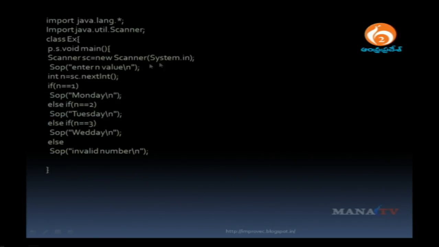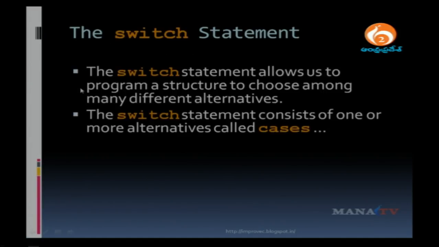Every switch statement can be replaced with else if statements also. Now we have seen the program. The switch statement allows us to program a structure to choose among many different alternatives. The switch statement consists of one or more alternatives called cases. Case is a keyword here.